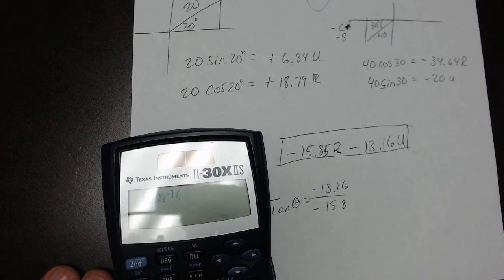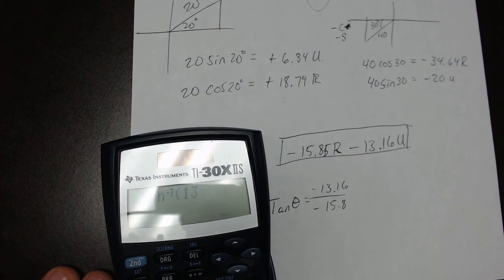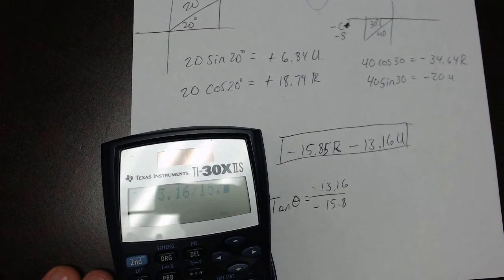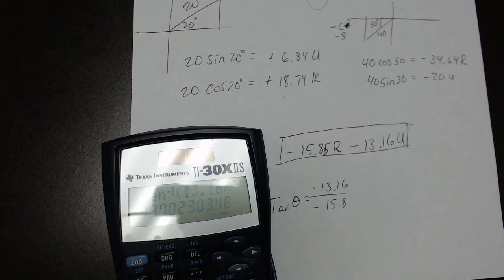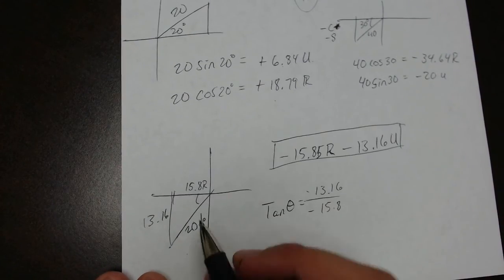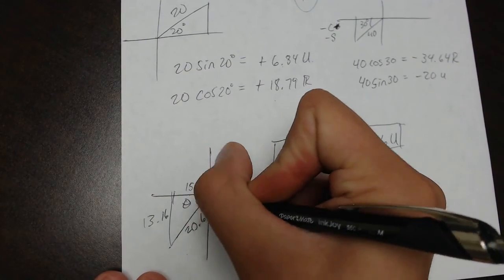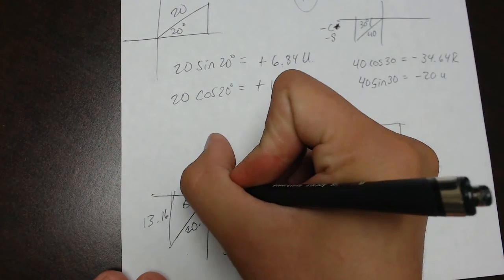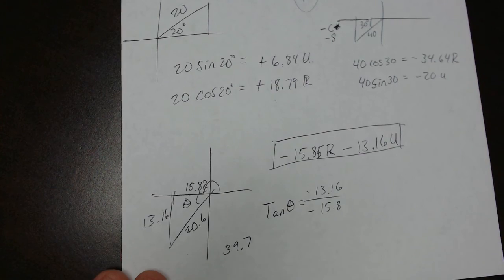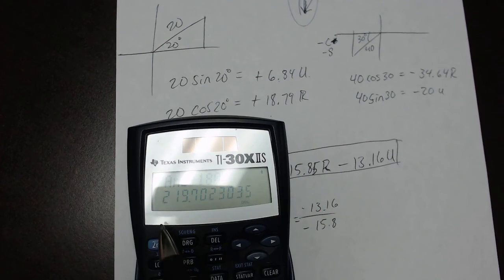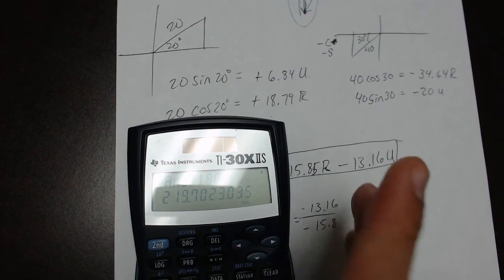In the parentheses, I put 13.16 divided by 15.85, end parenthesis, enter, and the angle is 39.7 degrees. Now remember that theta value is just in this quadrant right here, so 39.7 degrees plus the 180 from the first two quadrants gives us an actual angle of 219.7 degrees.